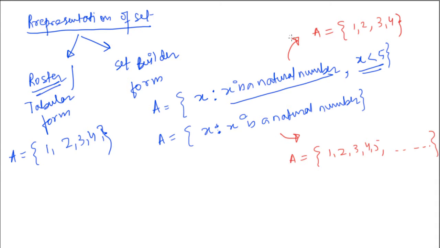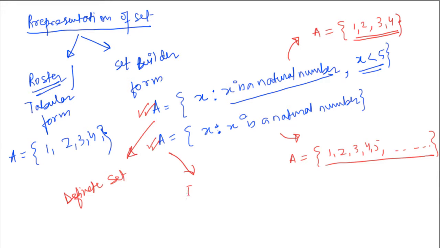So in the first set the number of elements is fixed, or defined. In this set the number of elements is not fixed, it's not defined, or you can say infinite. So the first set is a definite set and this set is an infinite set.